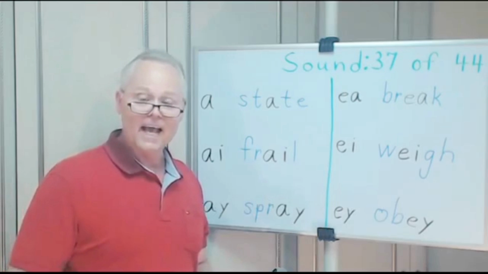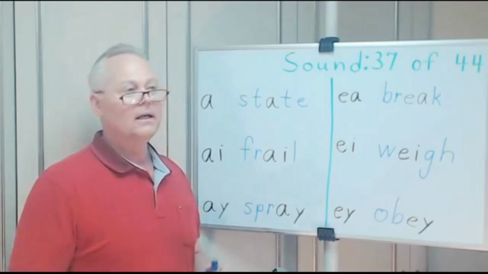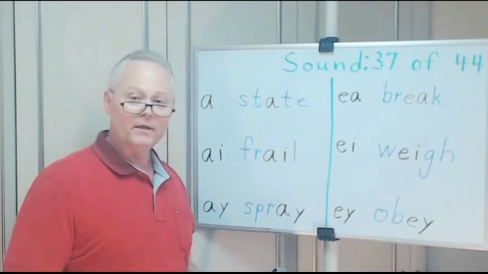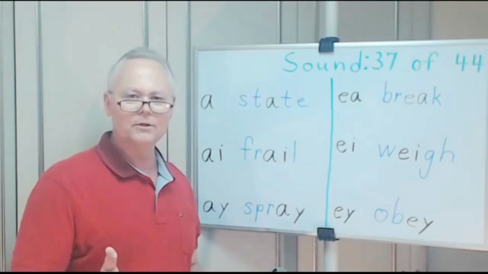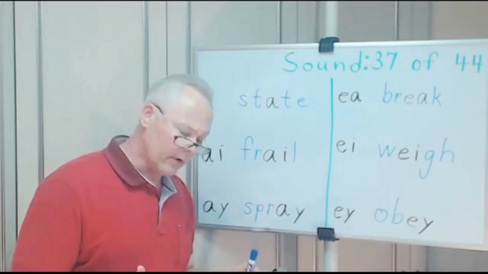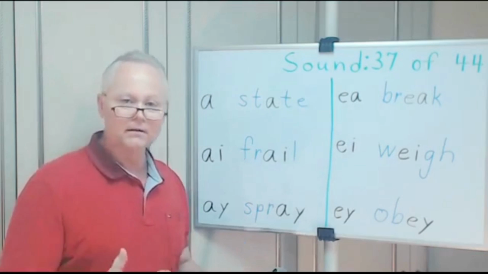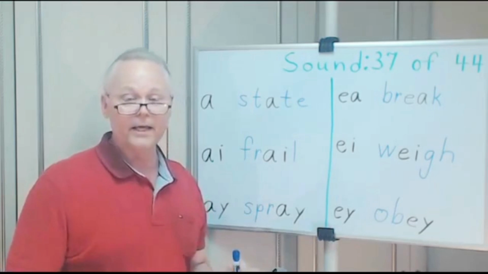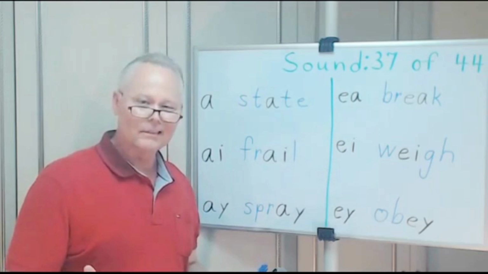Also, frail as an adjective can mean more than one thing, but one of the things is to be weak. Many times you'll see an elderly person who's very weak, rather deteriorated, they're failing, and we say that they are frail. They could get hurt easily. Frail person.